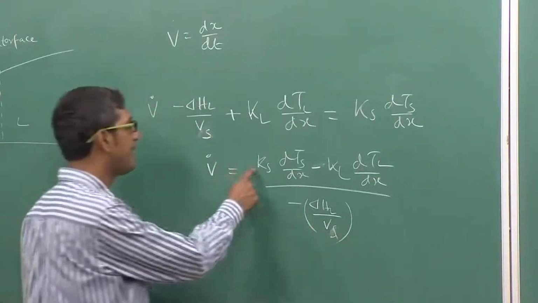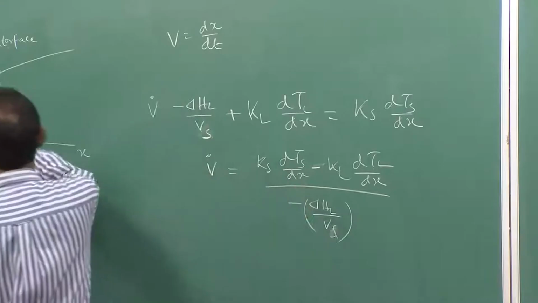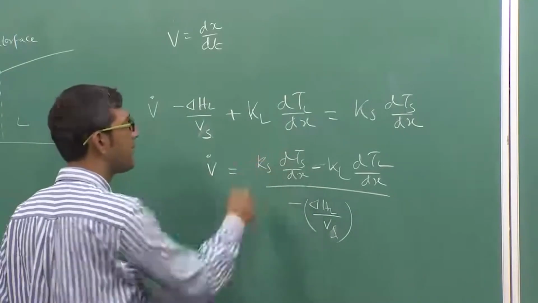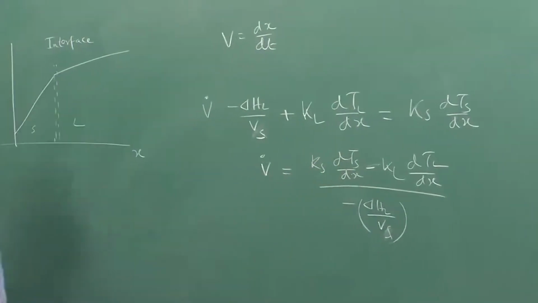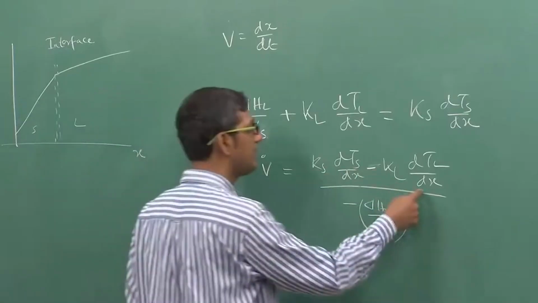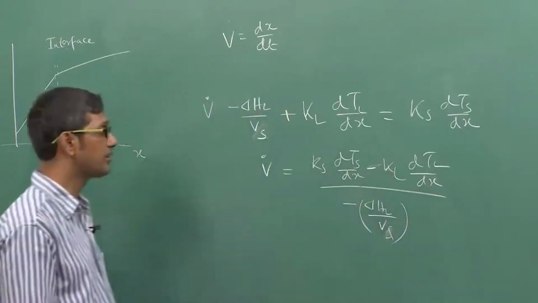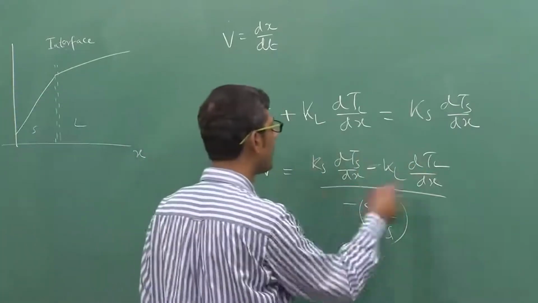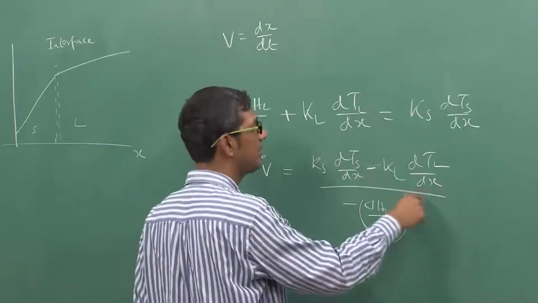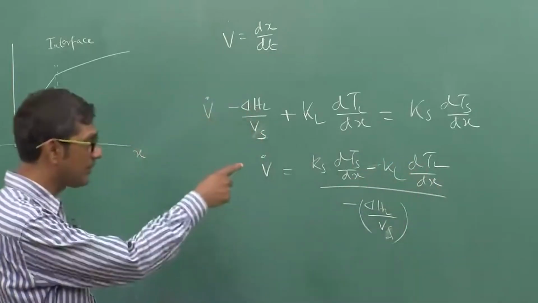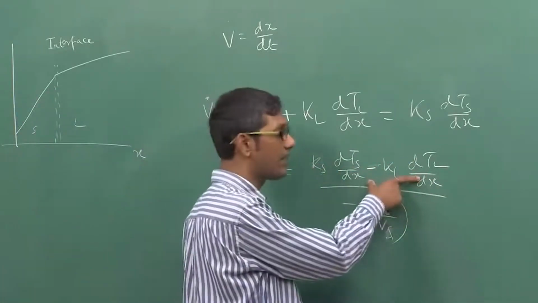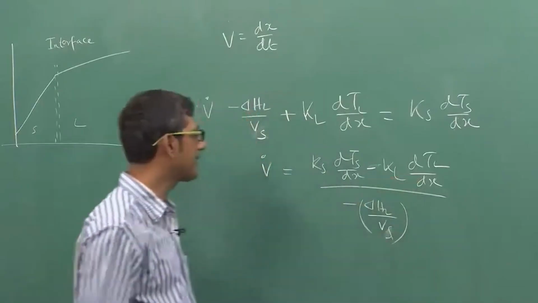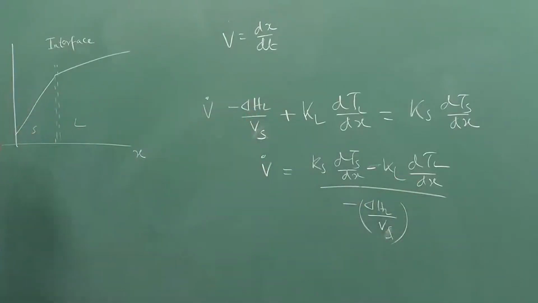So Ks dTs/dx is positive, K is positive. Similarly dTl/dx and KL are also positive. So in order to maximize this, I must make dTl/dx negative, because then this plus this becomes a very high value. In that case, I can make the system grow very fast.